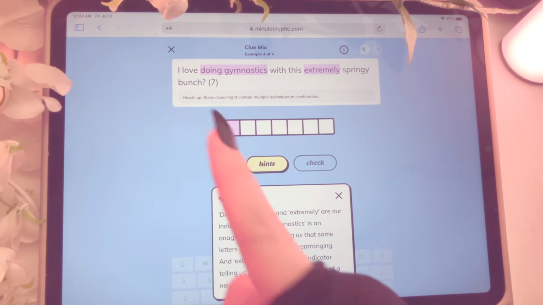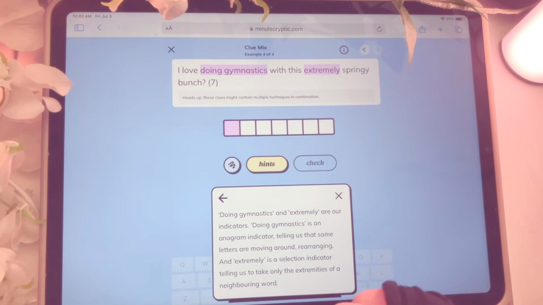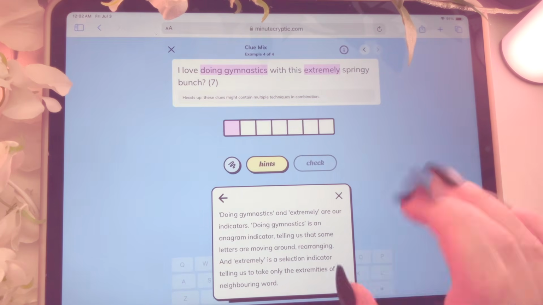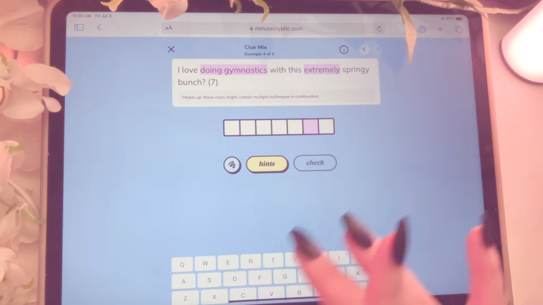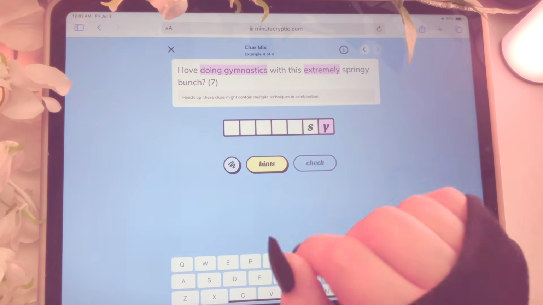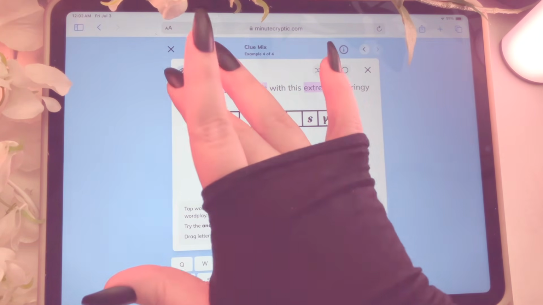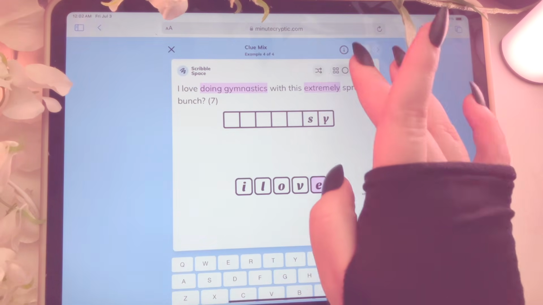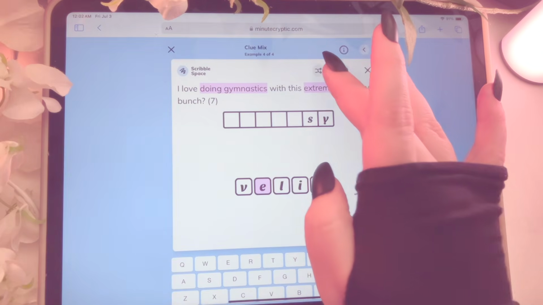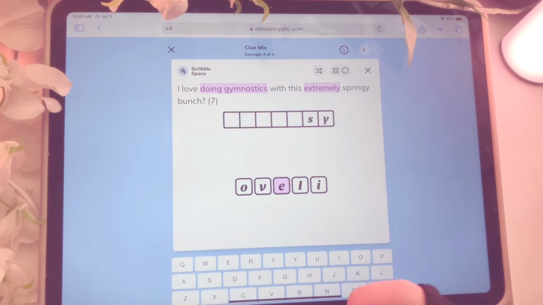Okay, so I guess it's I love being anagrammed. And then maybe SY, if we're taking the extremes of the word springy. And we anagram the letters of I love.